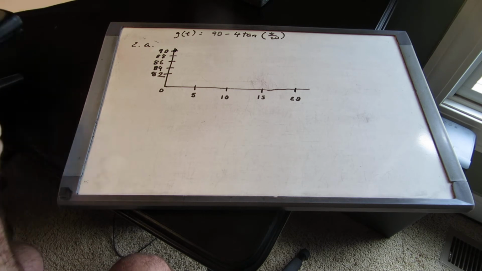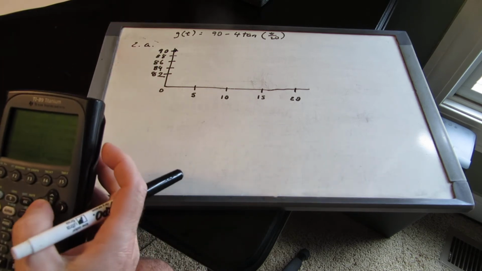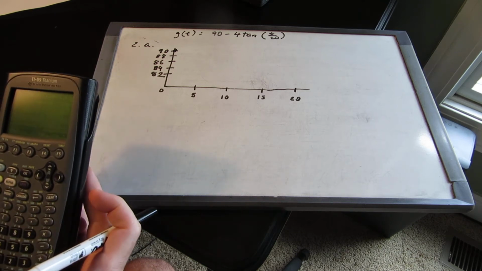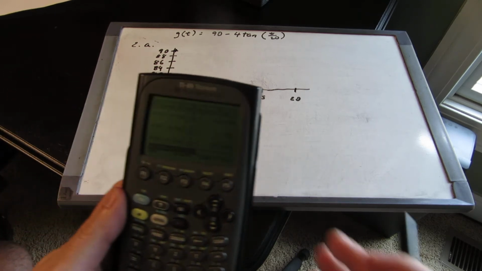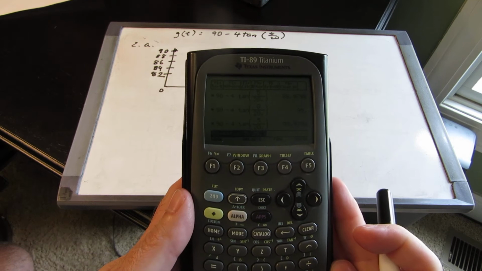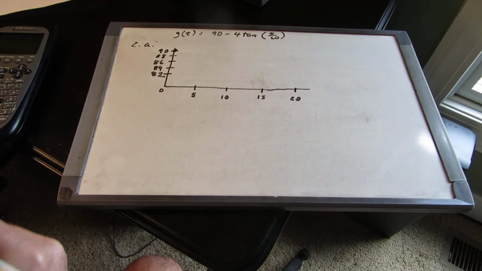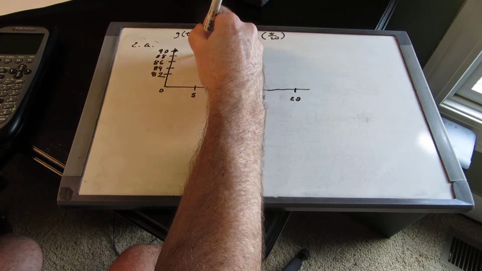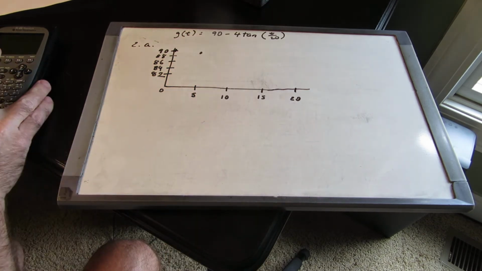I'm going to type in 5 over 20. Okay, and that is 88.97. So I don't think you have to be perfect, but something like that.